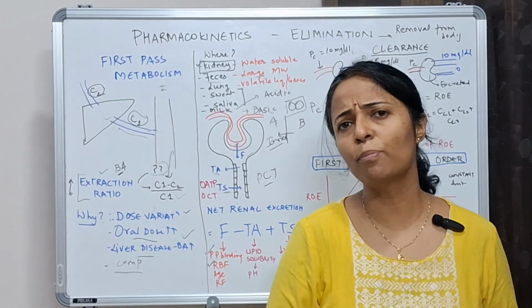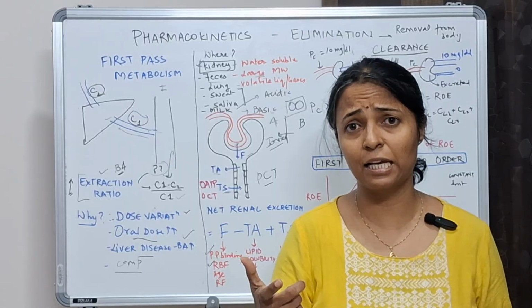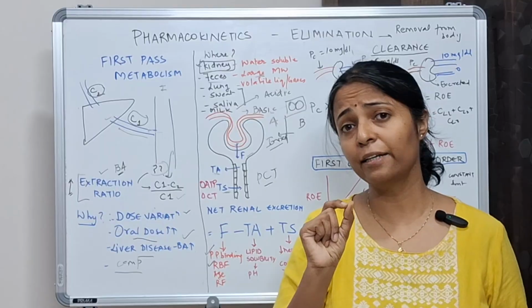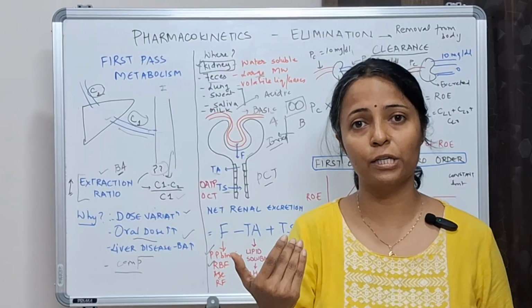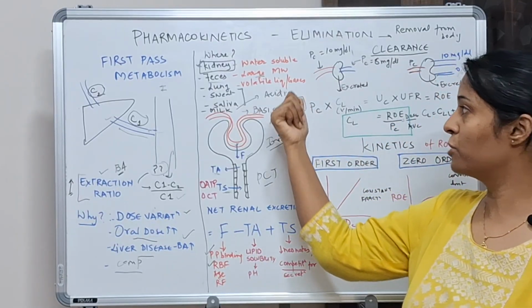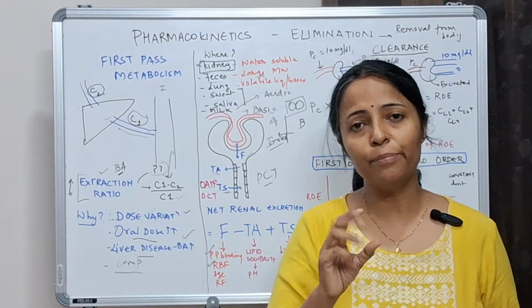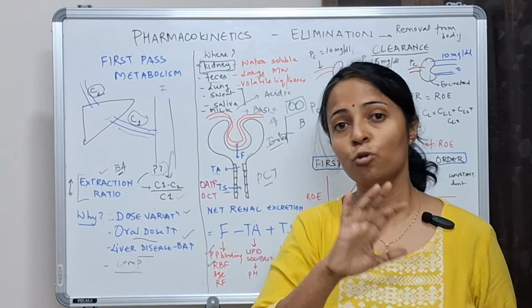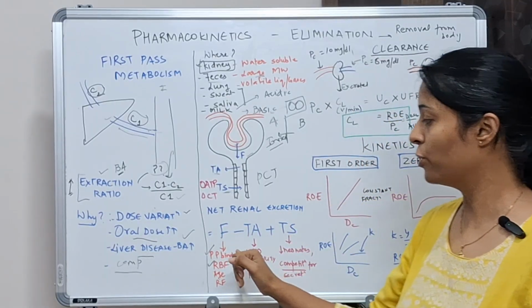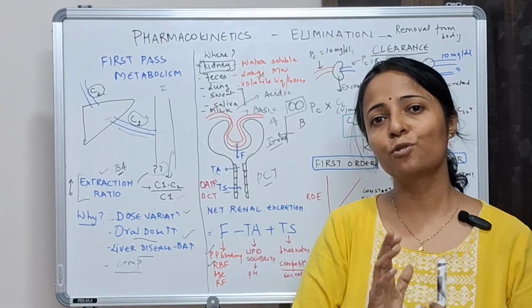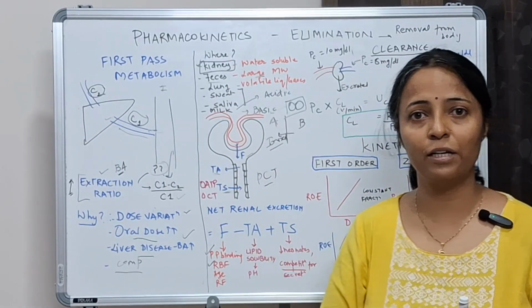We know that plasma proteins do not filter, they are acidic as well, and the glomerular membrane has a negative charge, so it repels the plasma proteins. So any drug which is bound to the plasma protein is not going to filter. Only the free component of the drug, which is not bound to plasma protein, is going to filter.